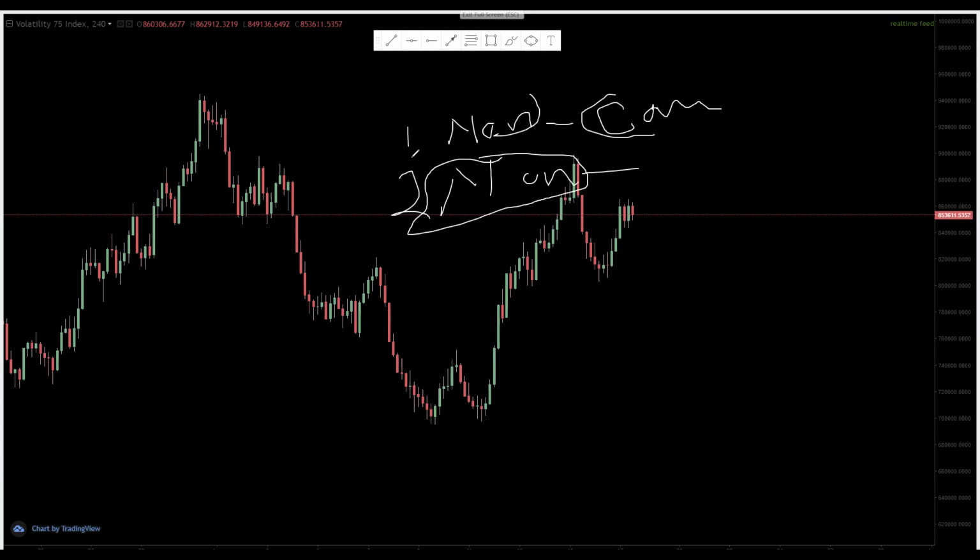Because of type 1 and type 2, we have two types of candles: candles for commercial traders, or market makers in general terms, which is type 1, and type 2, which is for retail traders, also known as small traders.